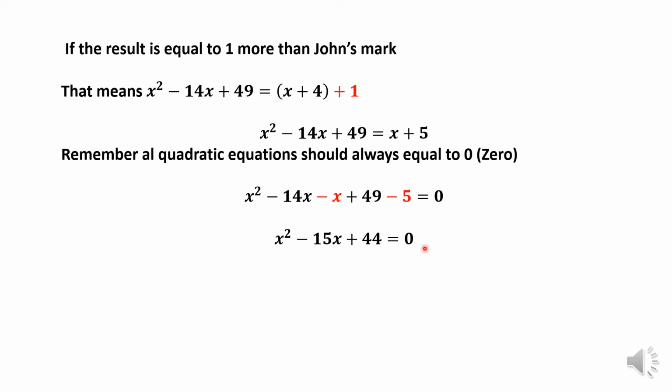Don't forget, you are dealing with an equation. Now, here's the nice thing about this quadratic equation. The coefficient is 1. Most of the time, it means this type of equation can factorize. But some learners go on and use the quadratic formula or completing the square. Well, if something can factorize, please also get used to that. It's quite easy. Two numbers multiply to give you 44, and if you add those numbers, they give you minus 15.